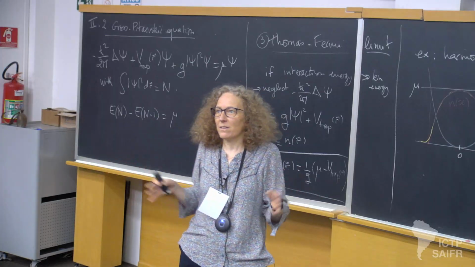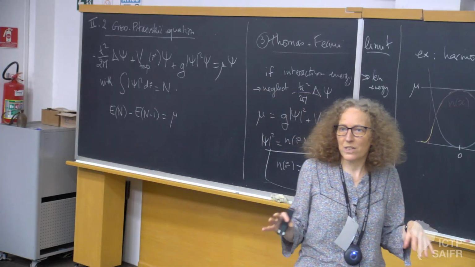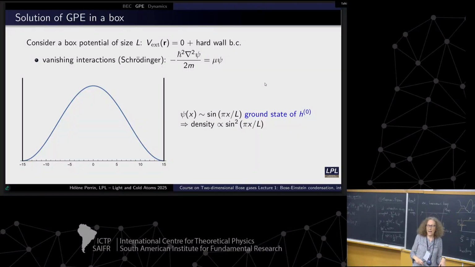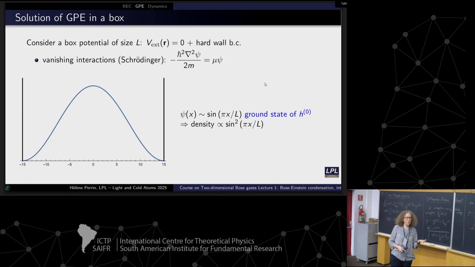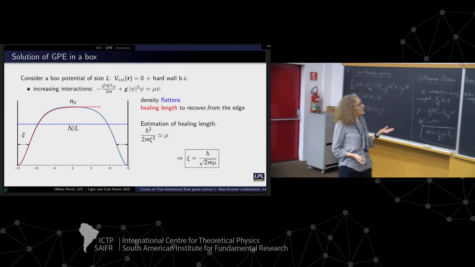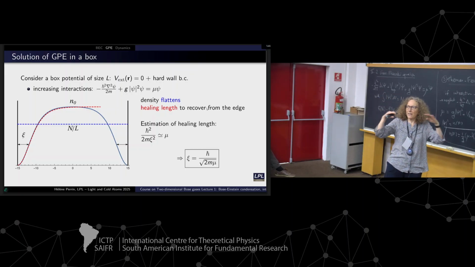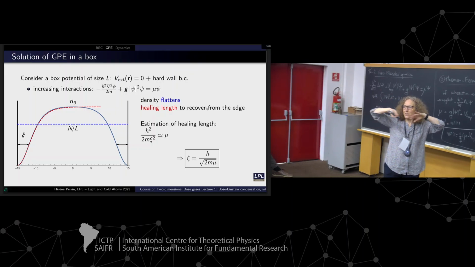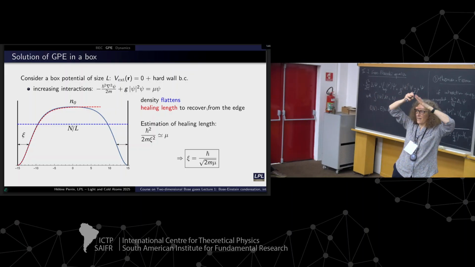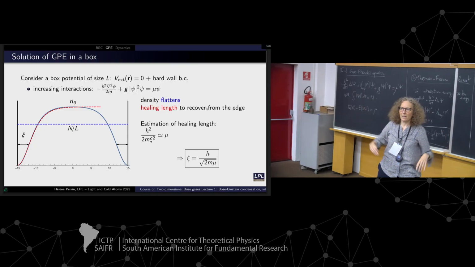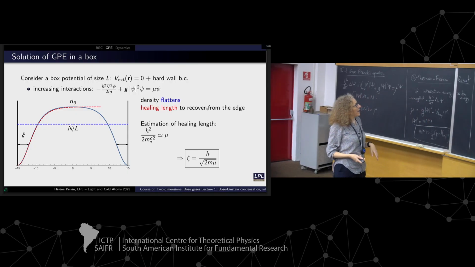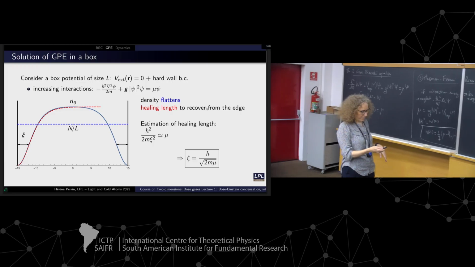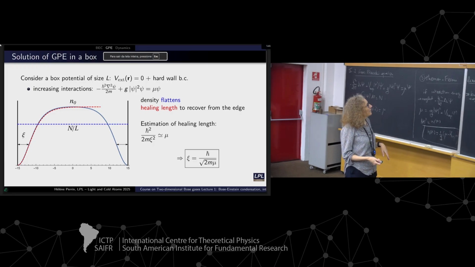So in a box, the ground state of the Schrodinger equation is just the arch of a sine. And so this is the ground state in a box. Now let me introduce interactions. And so, of course, the atoms want to avoid each other, so they don't want to peak like that at the center. They want to occupy a larger volume. But still, on the sides, they have to recover from the zero condition.